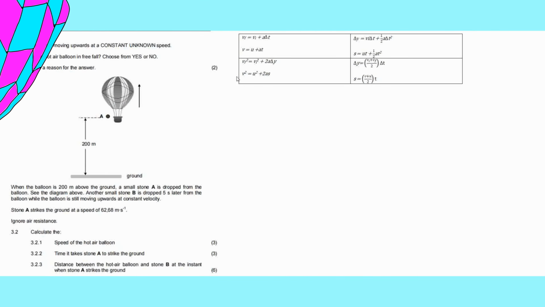Just a note on the kinematic equations or equations of motion that we find here. Depending on your curriculum, you might use one form of the equation over another. For example, here where initial velocity is represented by vi, it is represented by u in this equation, and delta y, the change in displacement, is represented by s in this equation.